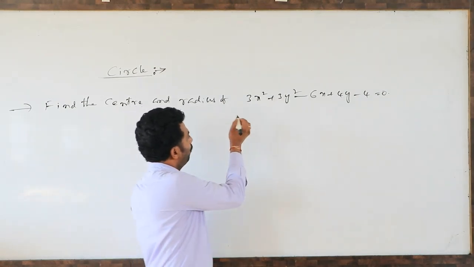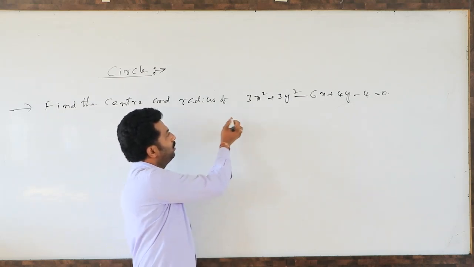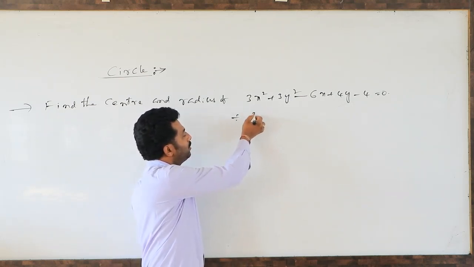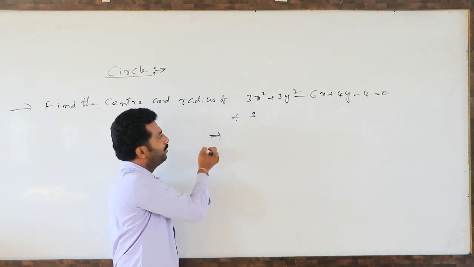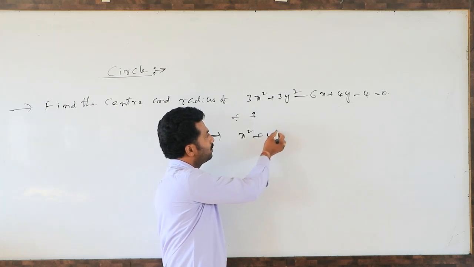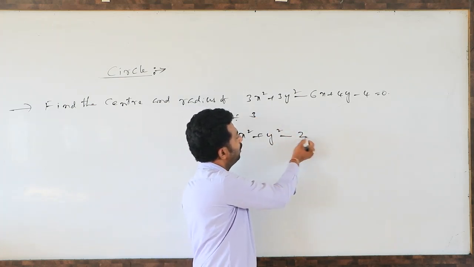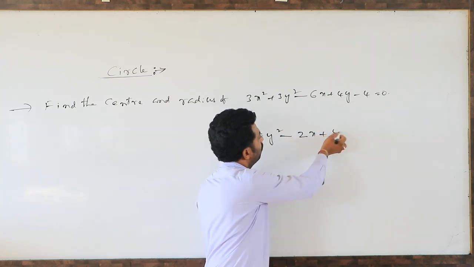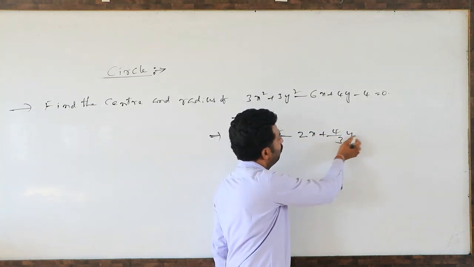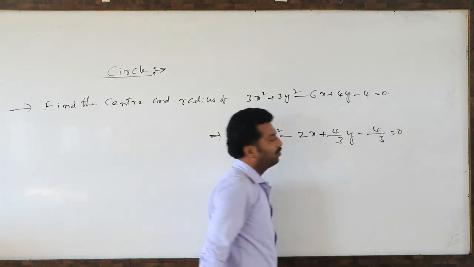Next. Now here the x square and y square coefficients are equal, that is 3. So dividing both sides by 3, what do we get? x square plus y square minus 6 by 3, that is minus 2x, plus 4 by 3 into y, minus 4 divided by 3 equal to 0.